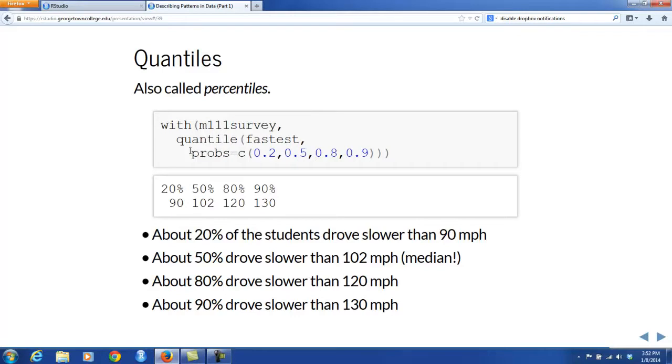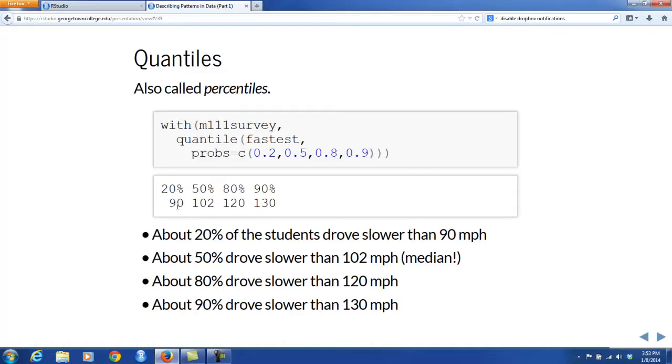So for every percentage, from 0% to 100%, there is a percentile or a quantile associated with that percentage. And we'll talk first about what they are and how to interpret them, and then we'll talk about the code here that produces them. So what are they? Well, there are many percentiles, but the 20th percentile of the fastest speeds is 90 miles per hour.